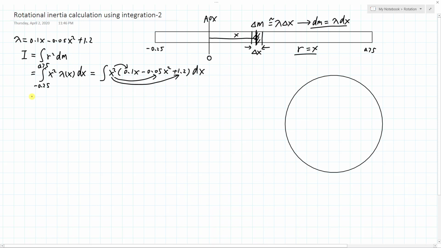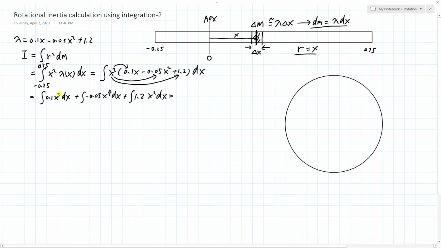One integral is 0.1x cubed dx, and the next integral is negative 0.05x to the fourth power dx, and then the last one is 1.2x squared dx. They're being integrated with the same exact limits, and let's integrate.